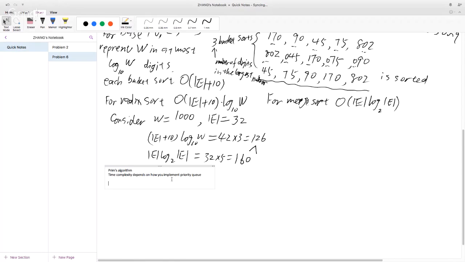Let's consider the first case, weights ranging from 1 to V. For this case, we use lists instead of a priority queue.